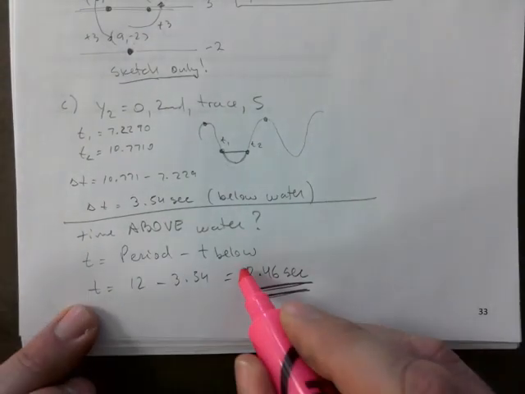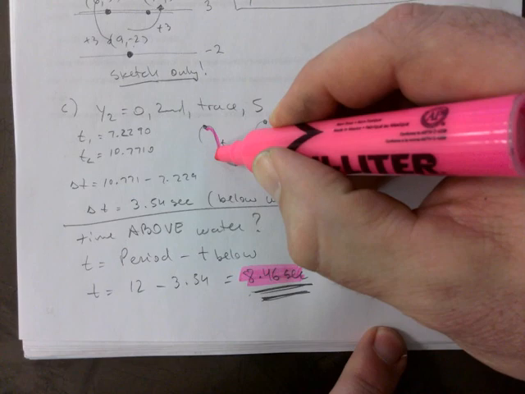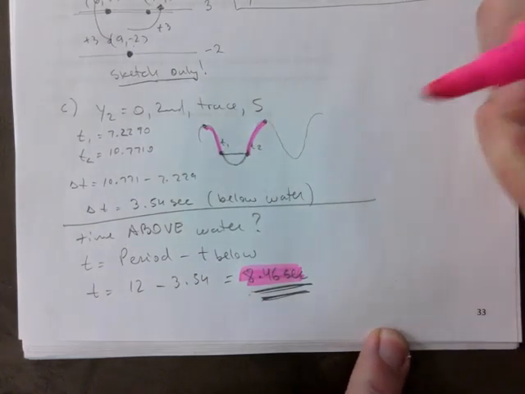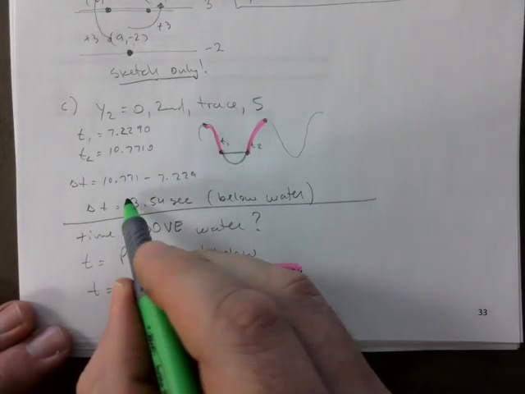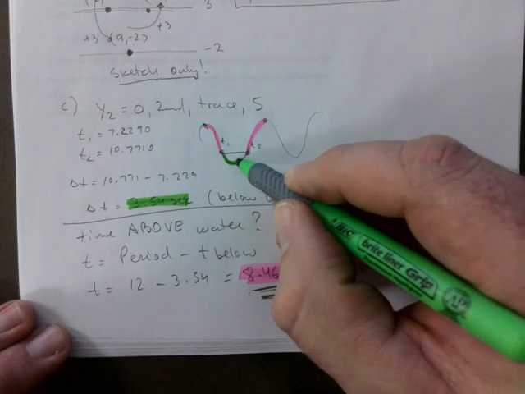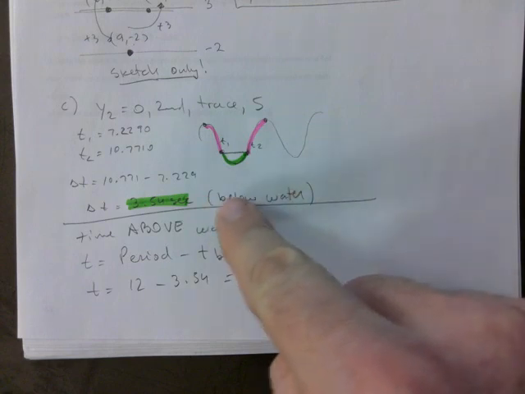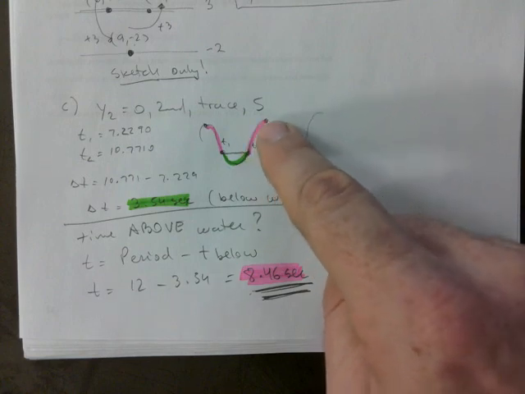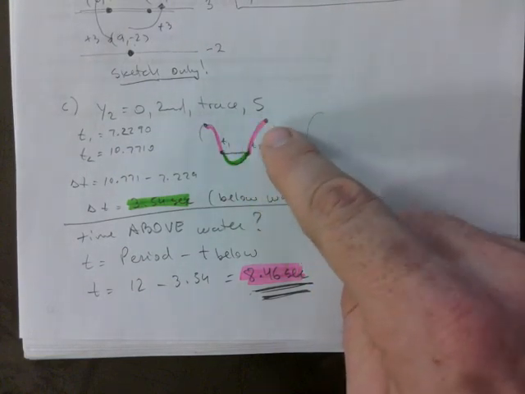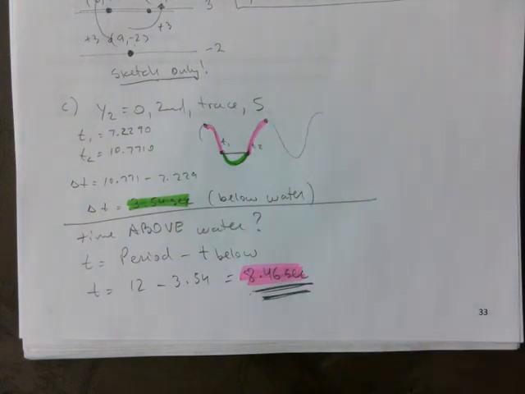So I'm going to say 8.46 within one cycle, right? Here you're finding the time it spent above, versus when you found this, you actually found the time it spent below. So when you subtract two things, you're actually finding that cap. Okay, remember that. You're finding the little cap when you subtract. It could be above like this, right? If you draw a line and you subtract 2 like this, that is your cap. So if you don't want the cap, then you subtract from the period, and that's how you get it.